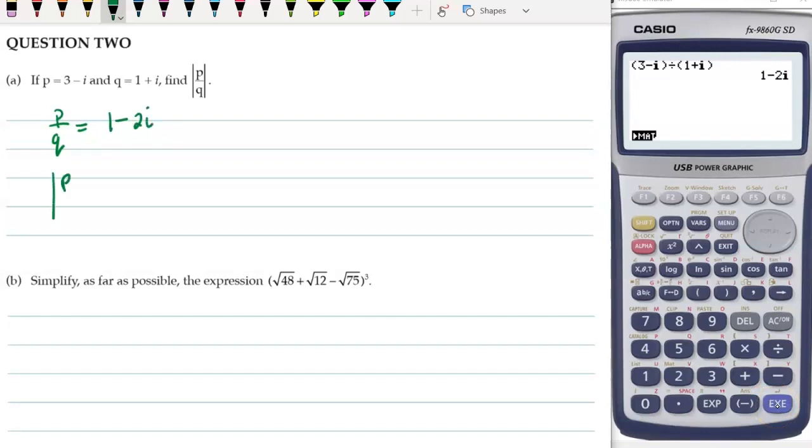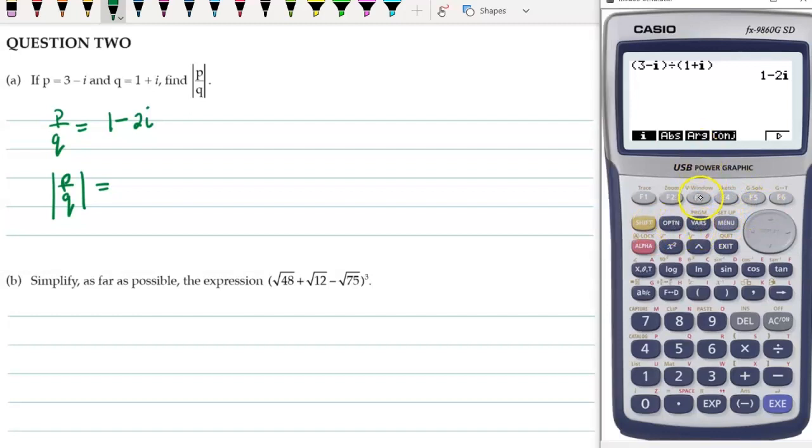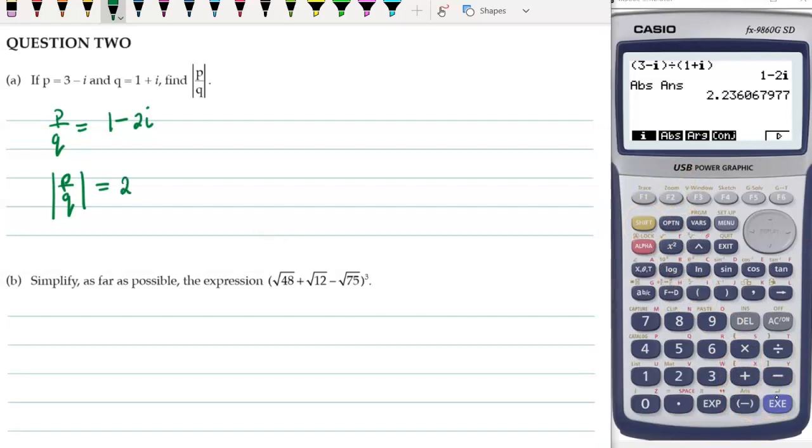So for the modulus of P over Q, we can use our options for complex numbers, and to get the modulus, it's the absolute value, so we use the absolute value of the answer we just did, and we have 2.236, which is probably the square root of something, because that's what we're dealing with with modulus.